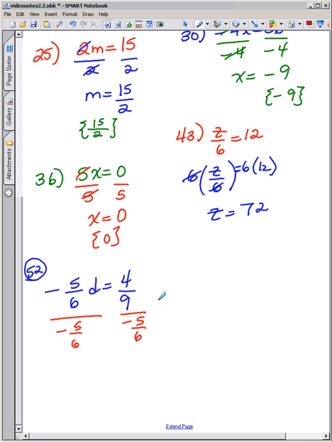The other thing you can think about, we talked about this earlier, is if I multiply the number by its reciprocal, I get a value of 1. So the reciprocal of negative 5/6 is negative 6 over 5. So if I multiply both sides by negative 6 over 5, then I can solve that equation. Okay.